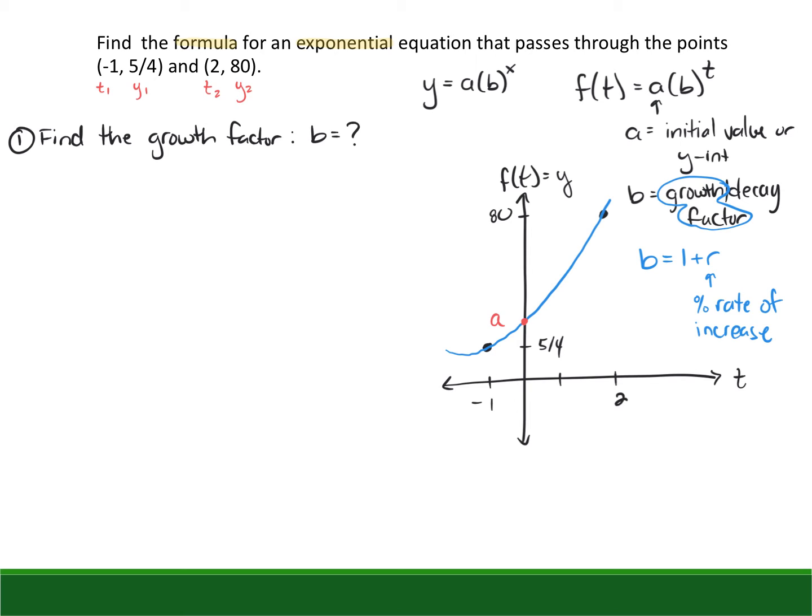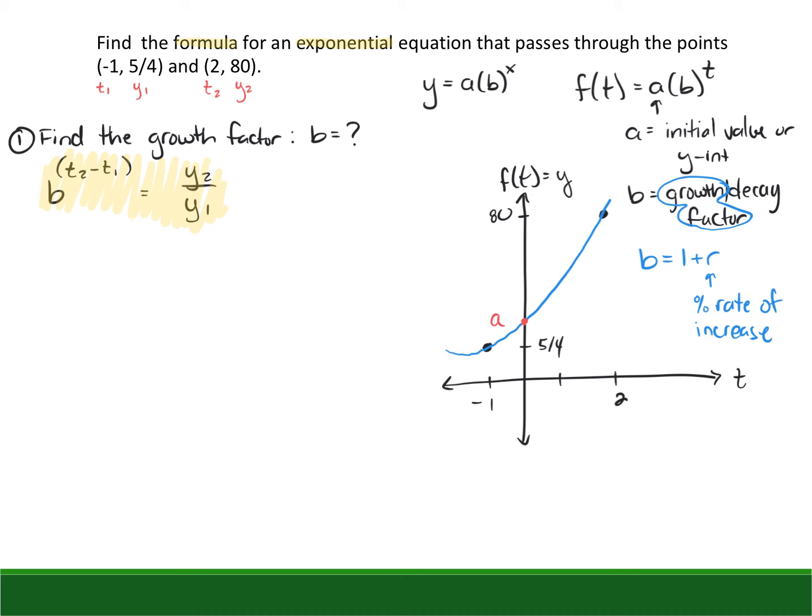So there's a general formula that you can use to find the growth factor, and that general formula is b raised to the (t sub 2 minus t sub 1), I'm going to put that in parentheses to maintain order of operations, is equal to y sub 2 divided by y sub 1. Okay, so this is a formula that you want to memorize for finding b. I would commit this to memory.